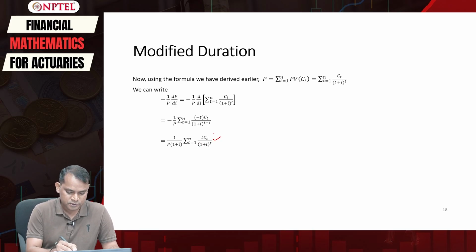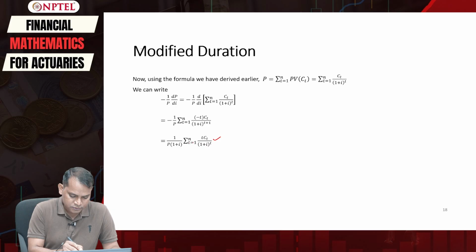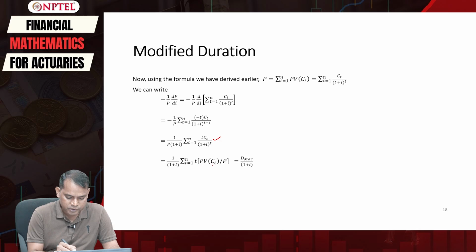This equation is simply the earlier equation written in a different way. We have understood that Ct divided by (1 plus i) to the power t is the present value of Ct, so you can simply have 1/(1 plus i) times the summation of t times the present value of Ct divided by P.